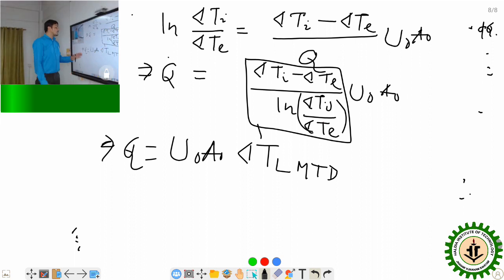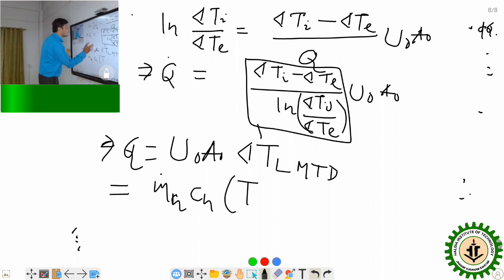So it is nothing but the term within this box. This is the heat transfer equation, the rate of heat transfer equation of the parallel flow heat exchanger. And this is also equal to MH CH times the temperature difference for the hot fluid, which in the previous picture we denoted TH1 minus TH2.